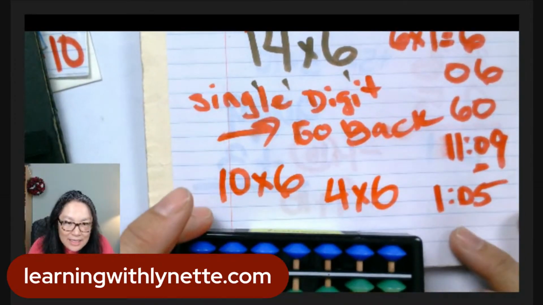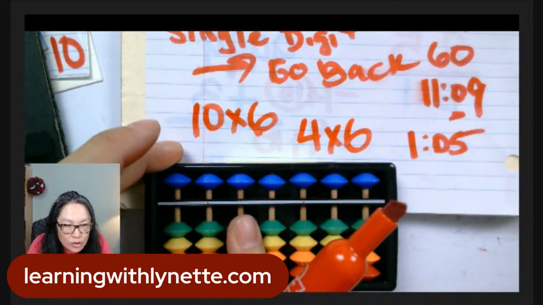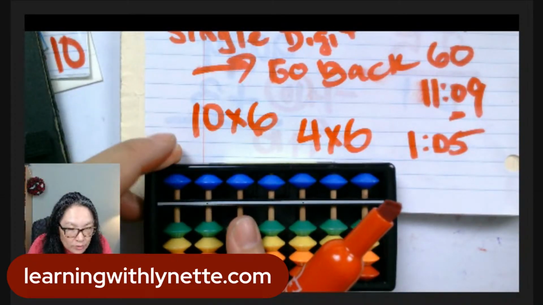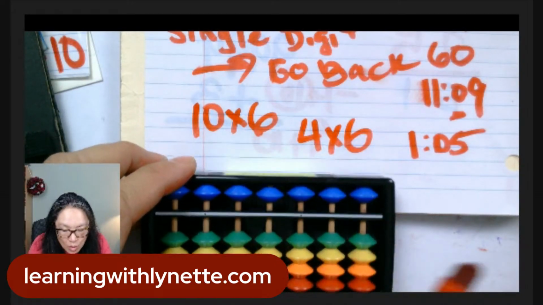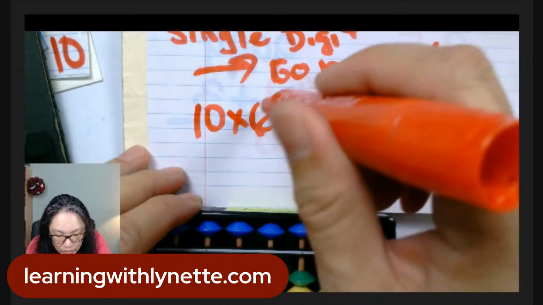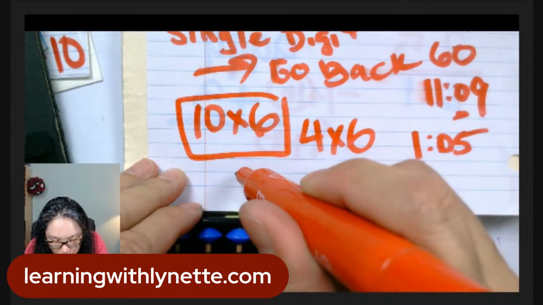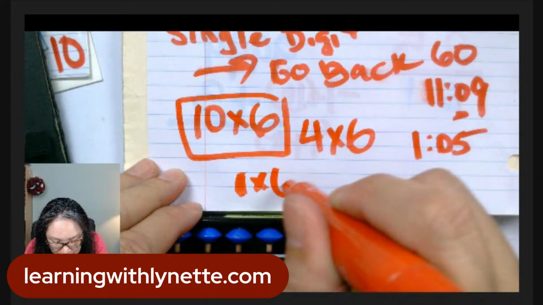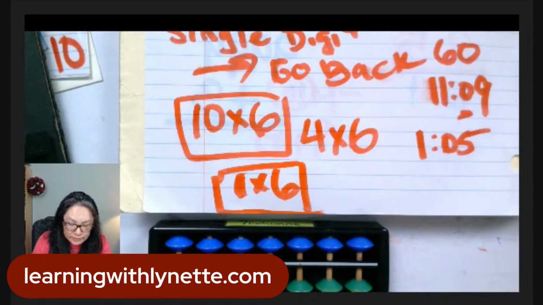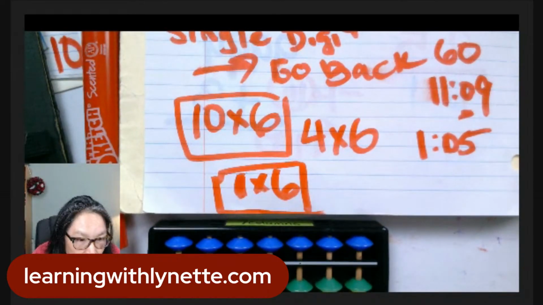But see, the thing is we started here on the hundreds column. Because we started on the hundreds column, we cannot keep it here. In abacus world, we don't do 10 times 60. What we do in abacus world is 1 times 6.